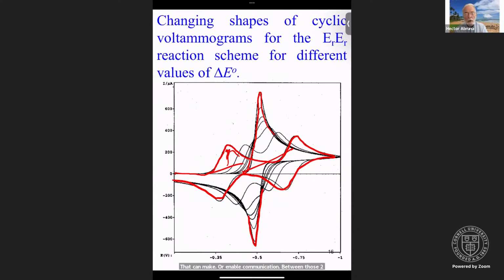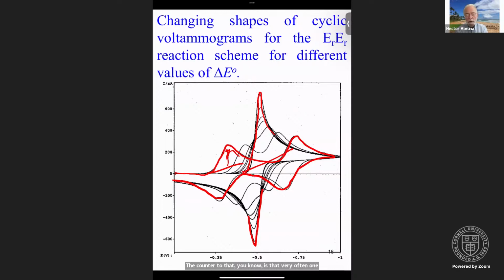And so when you oxidize one, the other one feels it and it's displaced in potential. This becomes apparent when you have highly interacting multi-electron transfers, as you have in some systems that you design to be multi-electron.